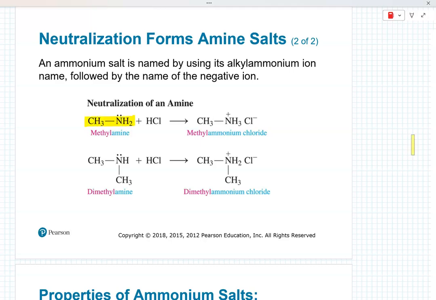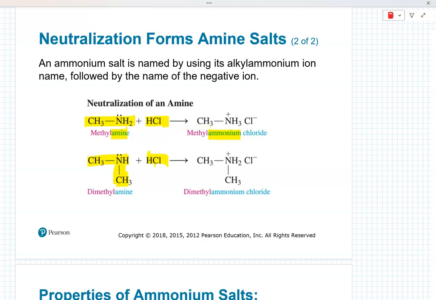So you have an amine, primary or secondary, which in this particular case interacts with the hydrochloric acid, resulting in the amine salt. So you go from amine to ammonium, and you put the alkyl substituent in front of the name.